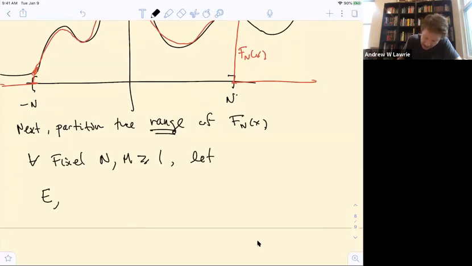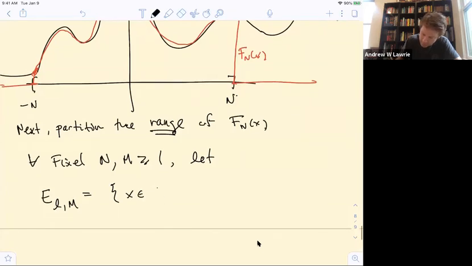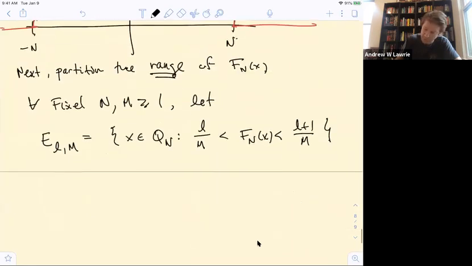let E_{L,M} be the set of x in Q_n such that L over M is less than f_n of x is less than L plus 1 over M. And this is done for every L with 0 less than or equal to L less than n times m.